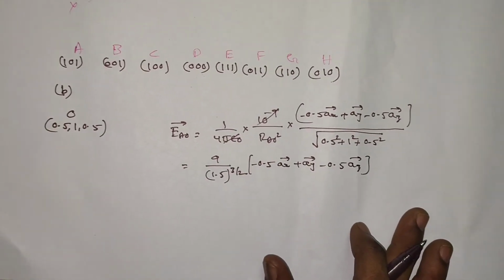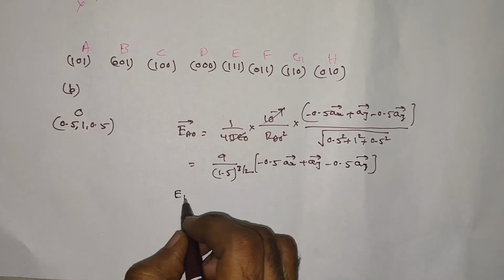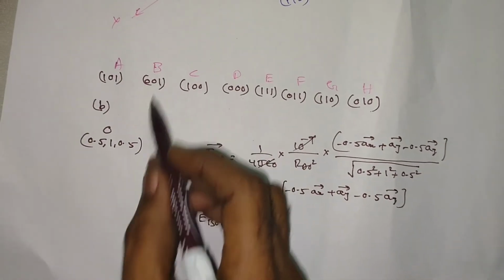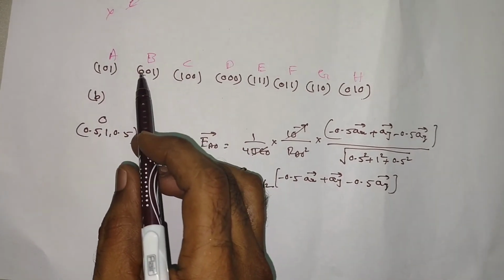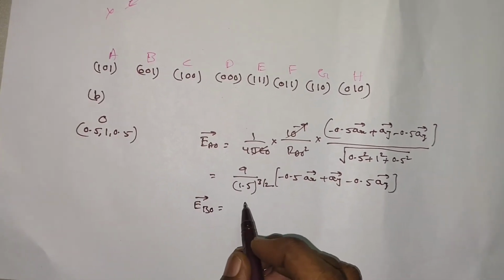Similarly, we have to find out the other electric field intensities. Likewise, we are going to have E_BO bar, which is equal to, for B and O, 0.5 minus 0, so we are going to have the same thing.